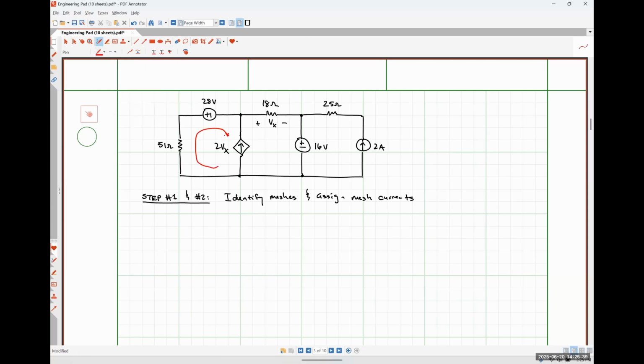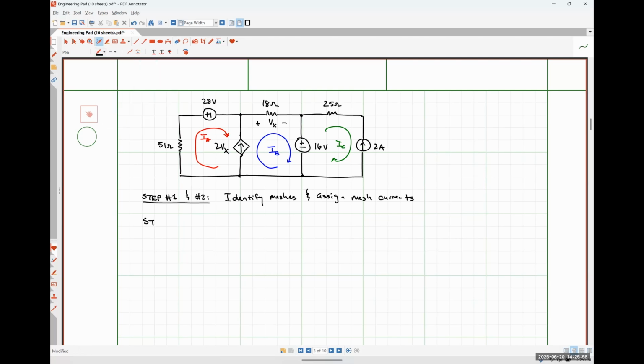So once again, the one on the left will be IA. The one in the middle can be IB. And the one over here on the right can be IC.